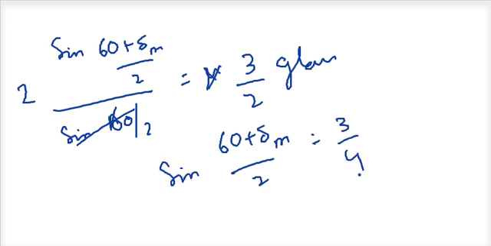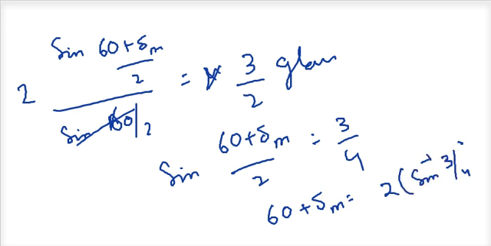Okay, now I can look at the tables and find out the value of sine inverse of 3 by 4. So from there I can say that 60 plus D minimum is equal to 2 times sine inverse of 3 by 4. Sine inverse of 3 by 4, for your information, will be something like 51-52 degrees.